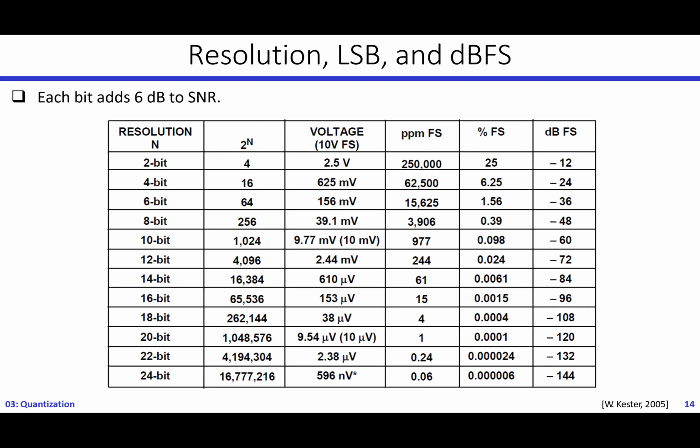So why, at higher resolution, do I become more limited by the thermal noise as compared to the quantization noise? Let's say at lower resolution I have quantization noise more dominant, while at higher resolution, let's say above 14 bits, it changes.